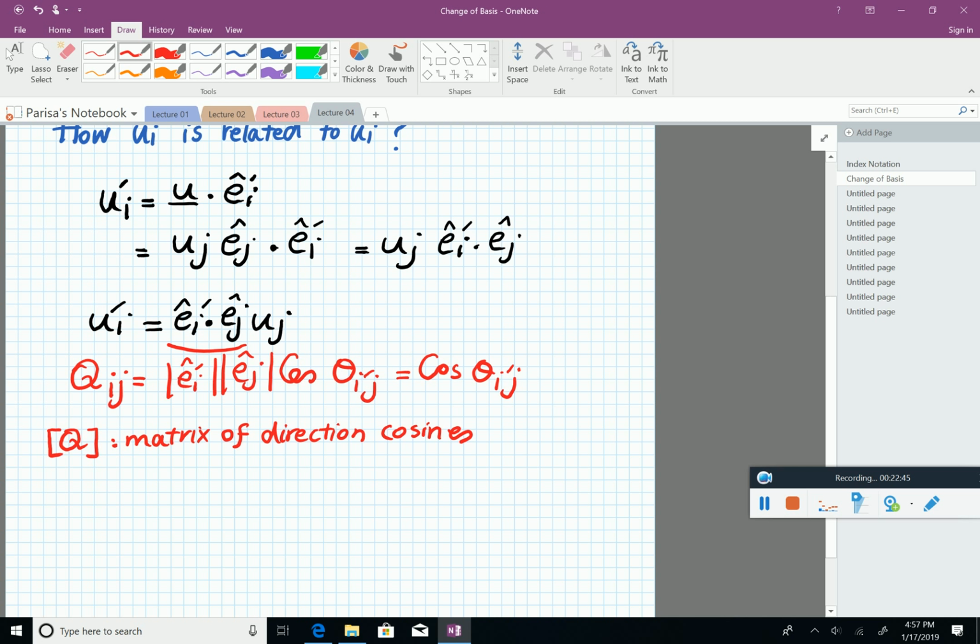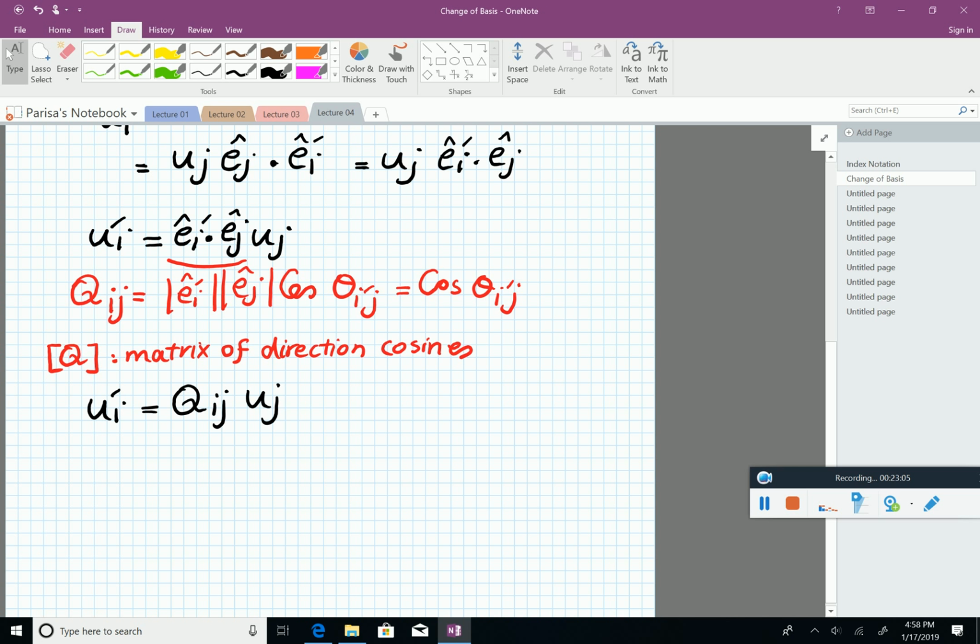Okay, so if I use this notation, you can see that I can write the above equation with the red notation like that.